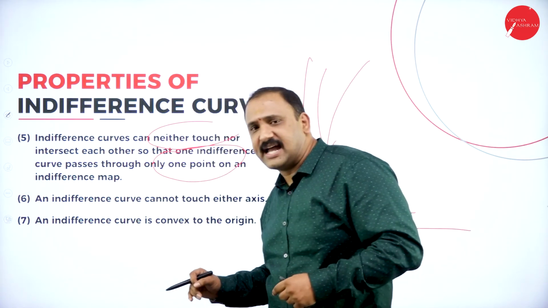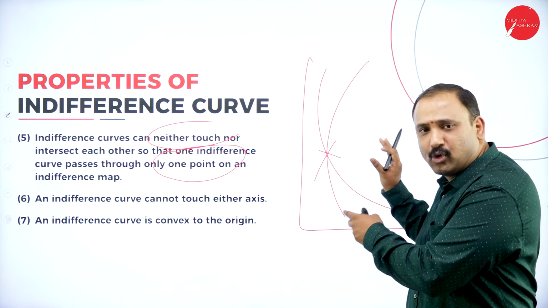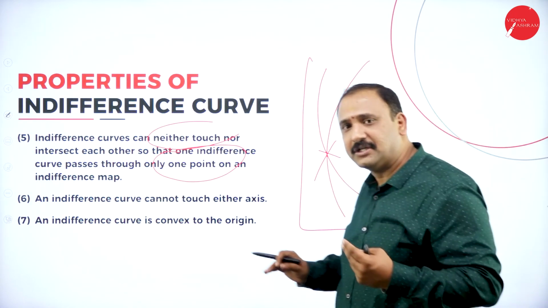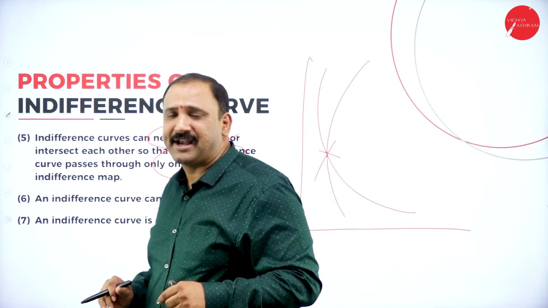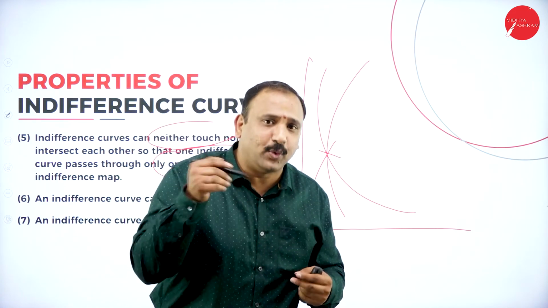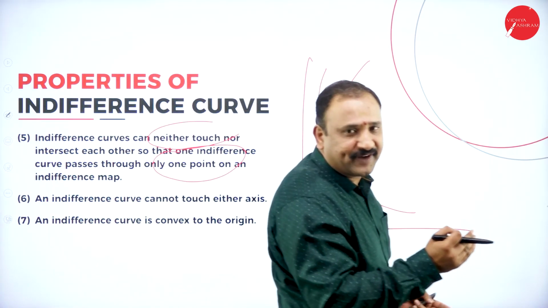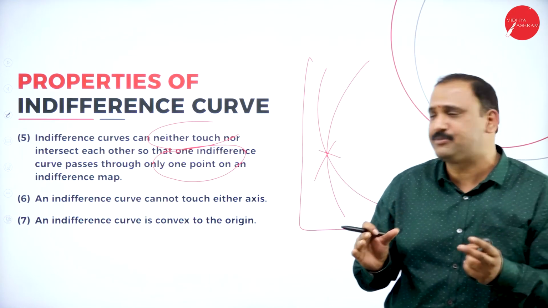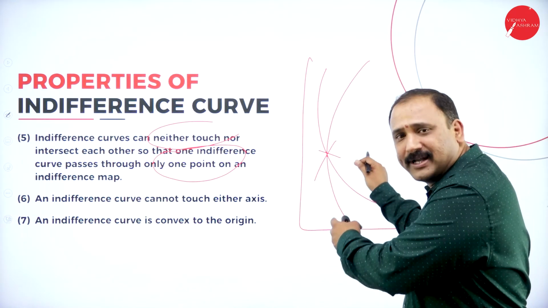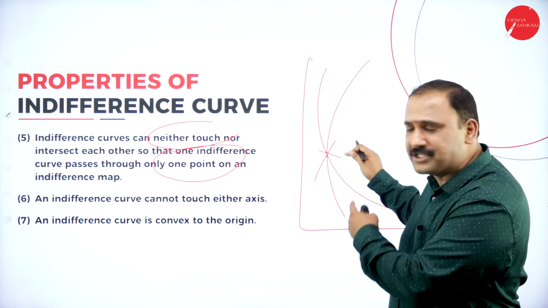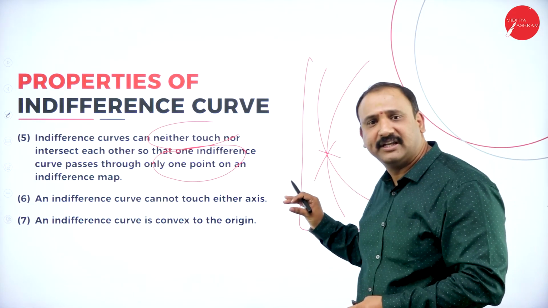Then the second thing is that no two people are the same, no two combinations are the same. They are unique. People might like the same kind of product, but the way they like it, the variations will be there. So we are not going to accept that yes, they are the same. So you cannot see a commonality coming back into the picture at any given point of time on the indifference map.